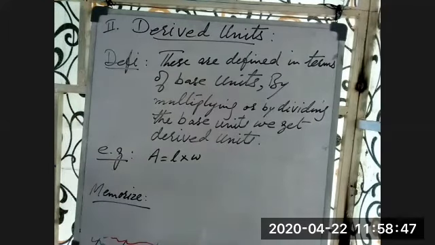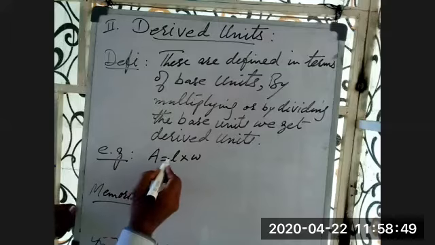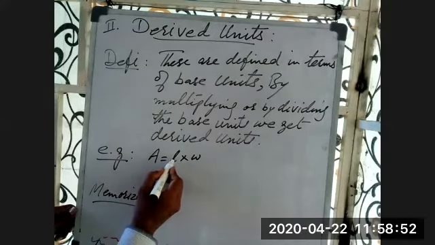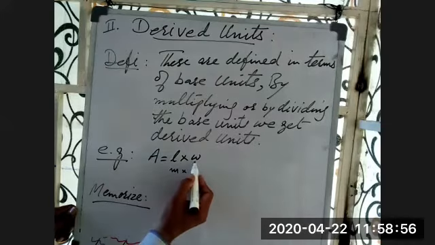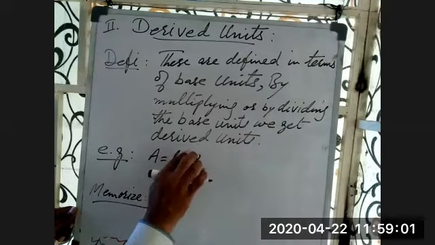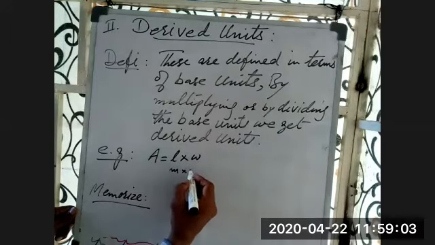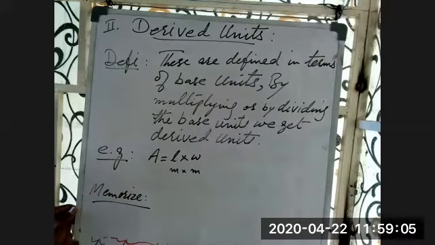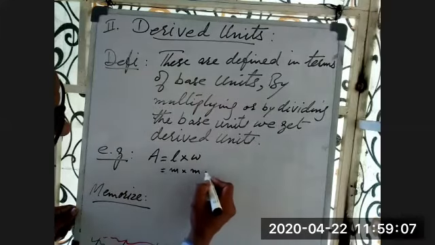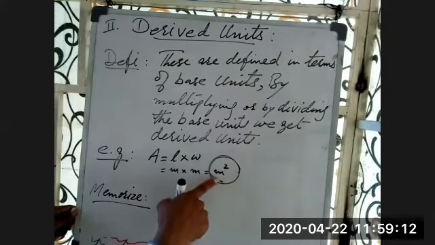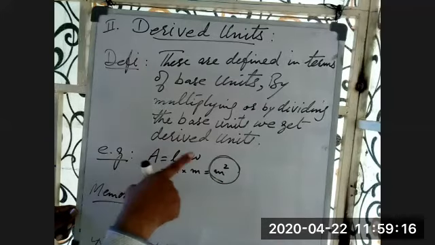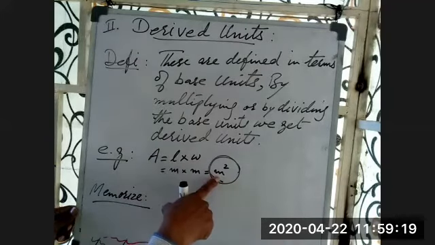So the unit of area will come. What is the unit of length? Base unit of length is meter into. What is the base unit of width? Width is also a kind of length, but shorter than the length, and its unit is also meter. So we got meter square. This meter square is the unit of area and it is a derived unit.